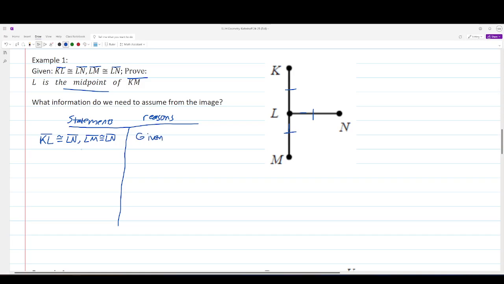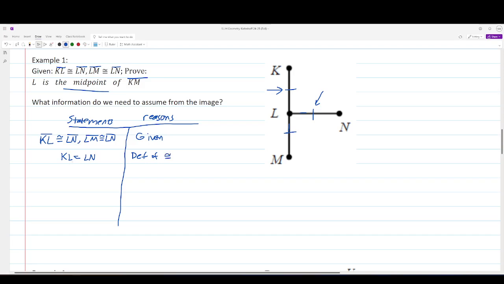The next thing we're going to do is think about what we marked on the drawing. The first thing that we marked was that this segment and this segment were equal in length. To express that in the proof, I'm going to say that KL is equal to LN, and the thing that let us do that is, I changed the congruence into an equals, so that is the definition of congruent segments.